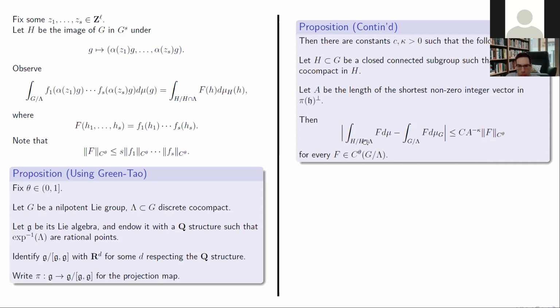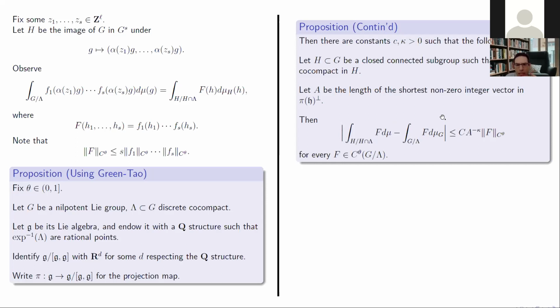So the integral of this capital F, where this capital F is just the product of the test functions evaluated at the individual coordinates, this one will be this S-fold correlation, and the other guy will be just the product of the integrals.